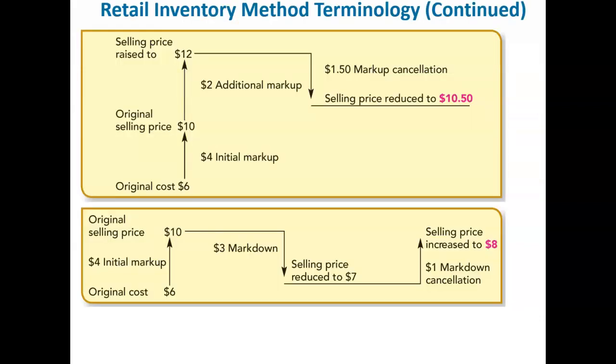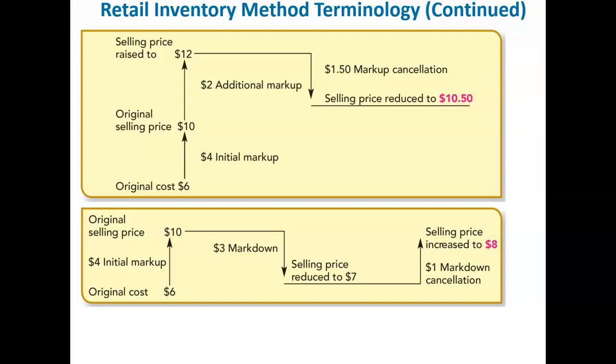To illustrate, assume that a product purchased for $6 is initially listed with a selling price of $10. That is, there is a $4 initial markup. If the selling price is subsequently increased to $12, the additional markup is $2. If the selling price is then subsequently decreased to $10.50, the markup cancellation is $1.50.